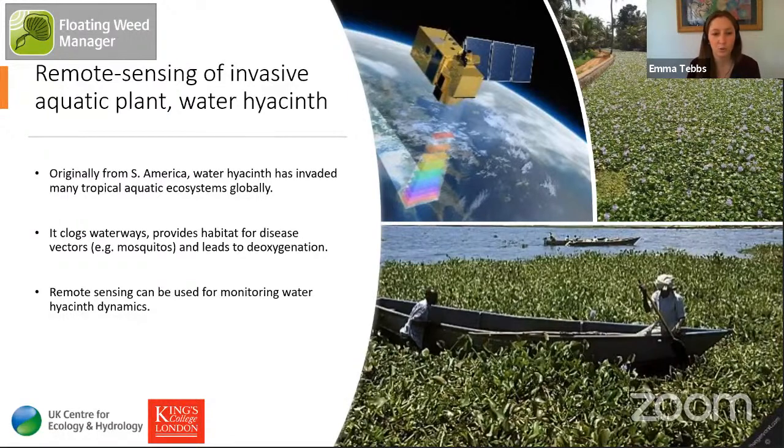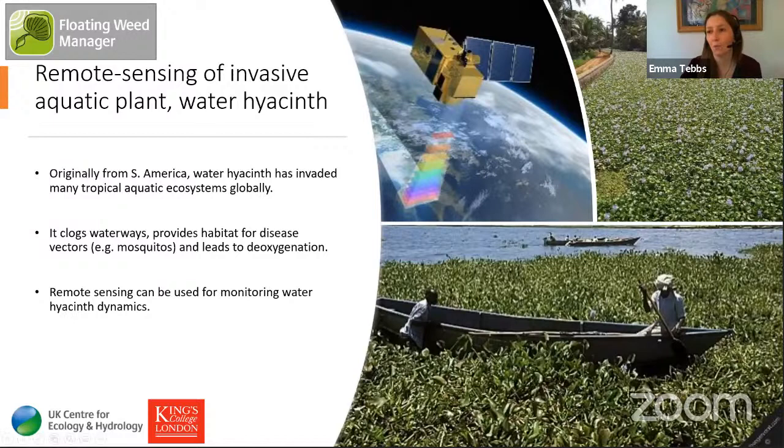It causes all sorts of problems in inland waters by blocking waterways. It provides a habitat for disease vectors such as mosquitoes, and it leads to deoxygenation and general poor water quality. That can impact on human well-being and also affect livelihoods like tourism and fisheries.